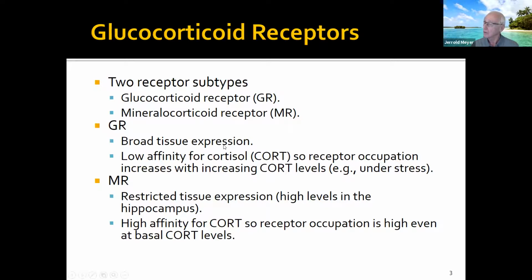One of the important things about GR is that it has a relatively low affinity for cortisol. What this means is that at baseline, resting cortisol levels, when you haven't been stressed, there's only a minimal or modest occupancy of that receptor.